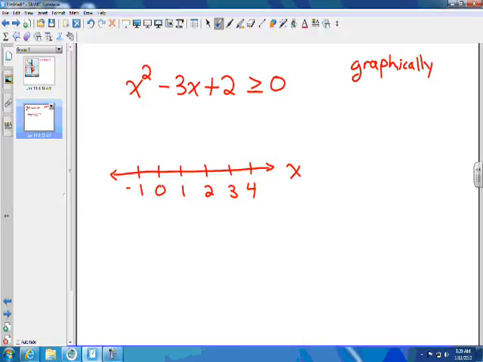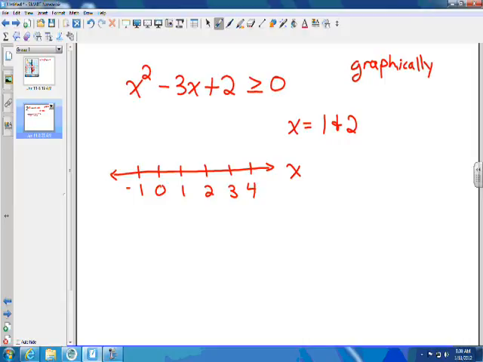So what did we get for the other one? 2. So it crosses at 1 and it crosses at 2. Those are the two roots. Those are the zeros, where it crosses the x-axis. That's what we've been finding this entire chapter. So we found it crosses at x equals 1 and 2.